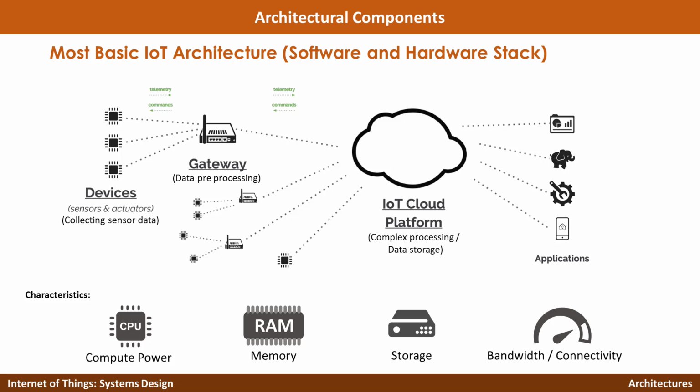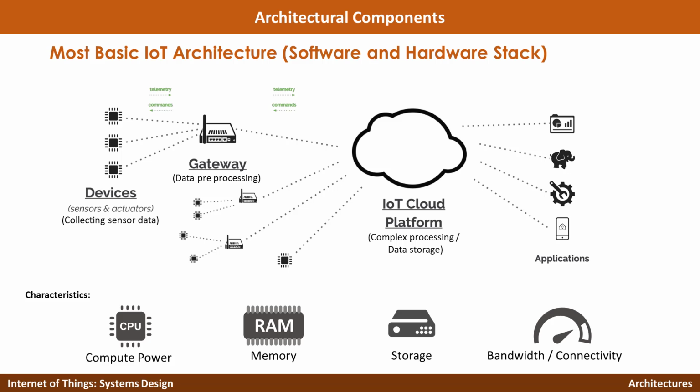and also the characteristics of this architecture that you need to remember are compute power, memory, storage, and bandwidth. These are the four considerations that you need to think about when you are designing your IoT application system. You need to make sure that, depending on the task at hand, you have the necessary amount of compute, memory, storage, and bandwidth capabilities on different parts of the IoT application.